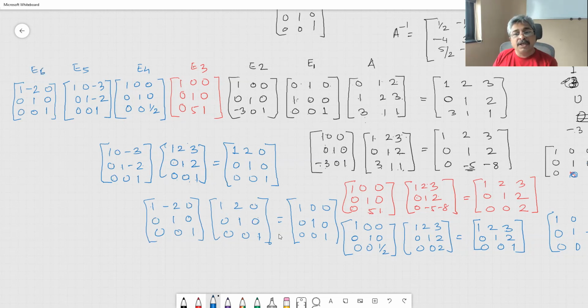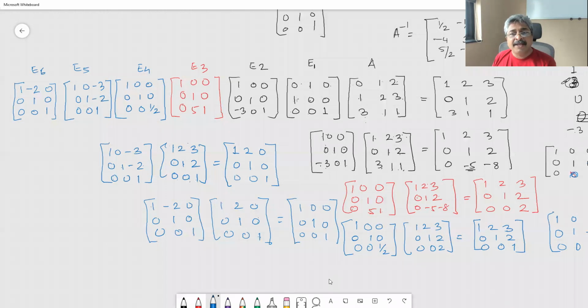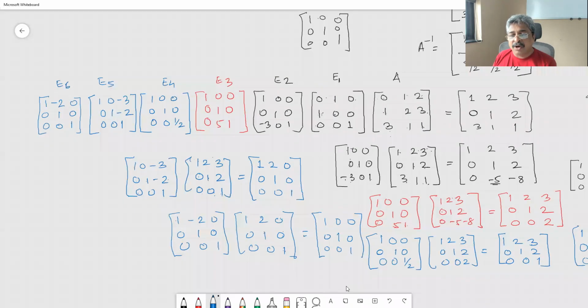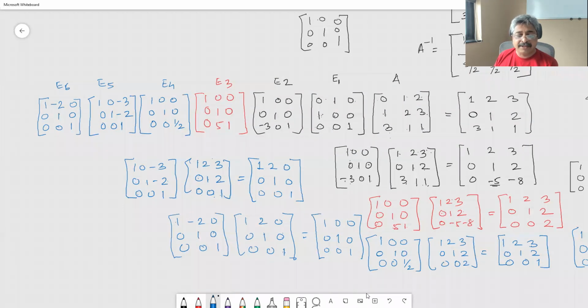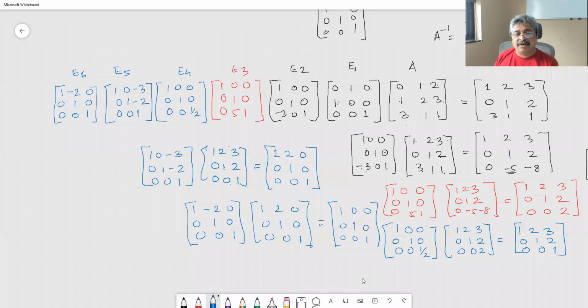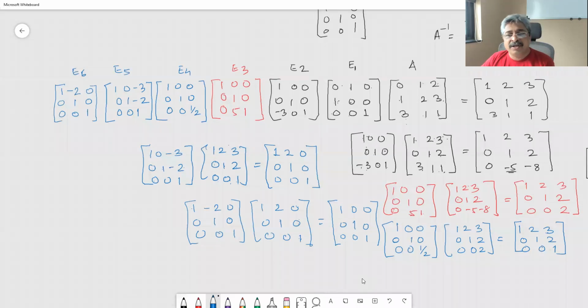When we pre-multiply by E6, we end up with our RHS as the identity matrix, right? And we started with A and we kept on doing row transformations. Now what is required to be done by you is to multiply these 6 matrices in this order.